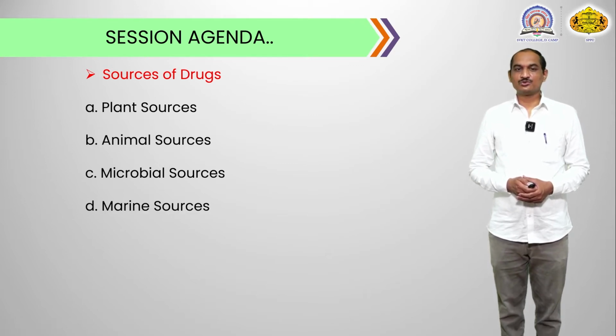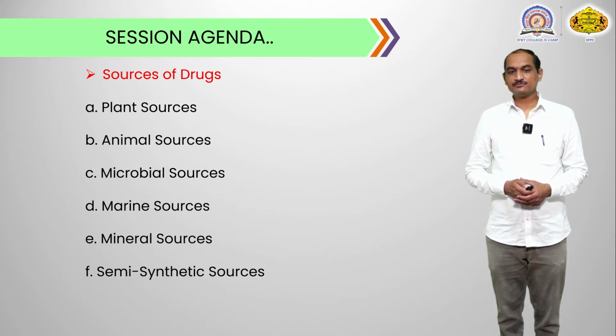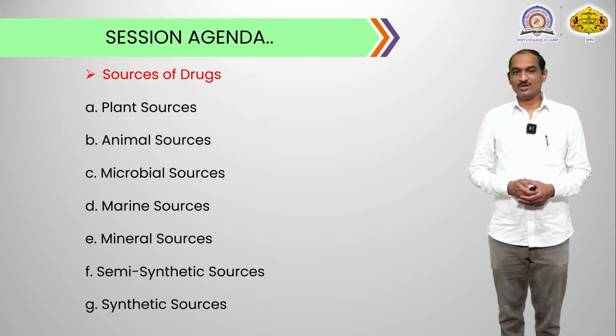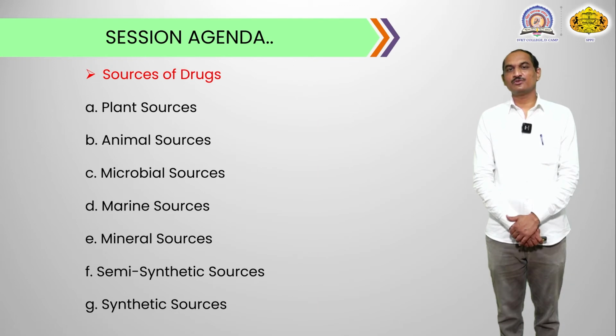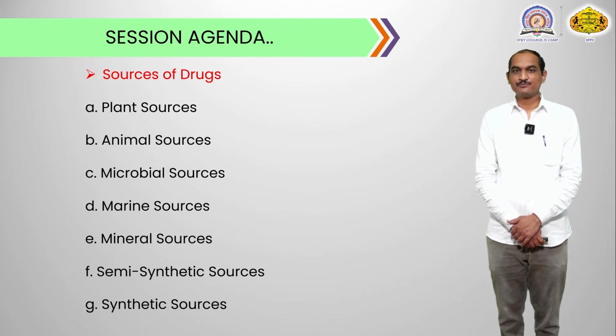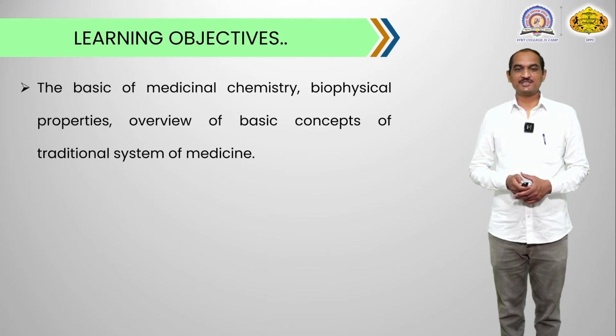Another important source for the drug molecule is the marine sources. Along with that, some mineral sources, some semi-synthetic sources and synthetic sources. All these are the sources of drugs, and in today's session we will discuss all these sources one by one with examples. Now, what is the learning objective of today's session?